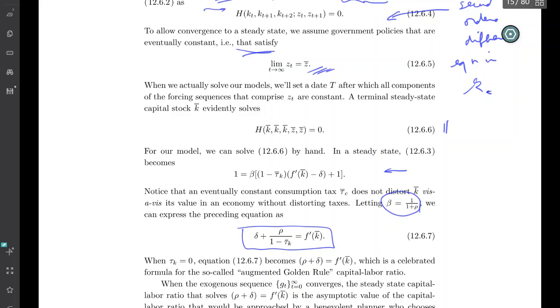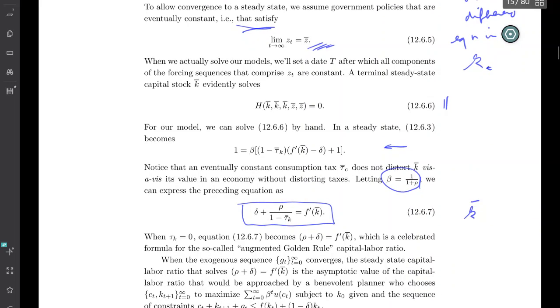So this is an equation that we can solve for K bar, the steady state capital stock, as a function of only a few parameters: delta, the depreciation rate; rho, the discount rate; and the tax on capital. And when the tax on capital is 0, you get this formula, which is a famous formula.